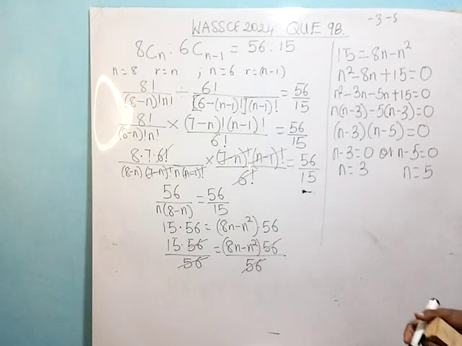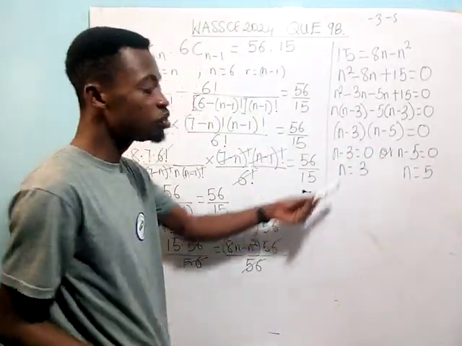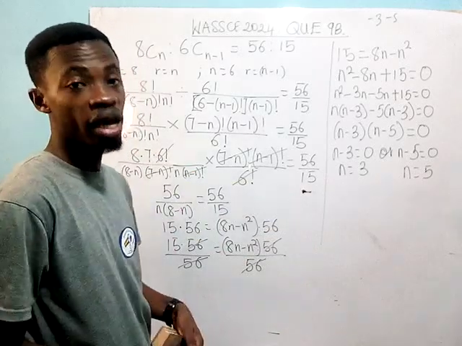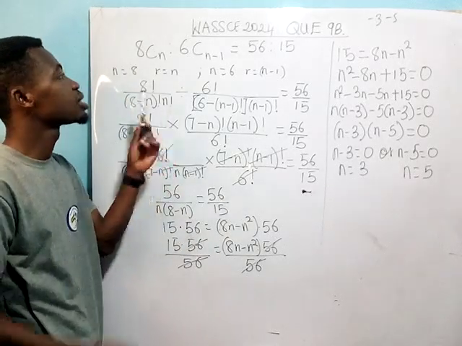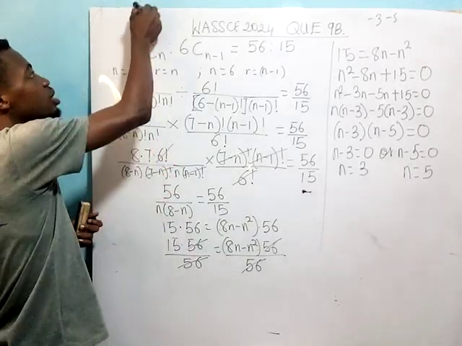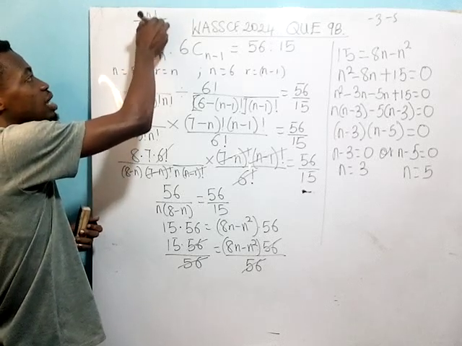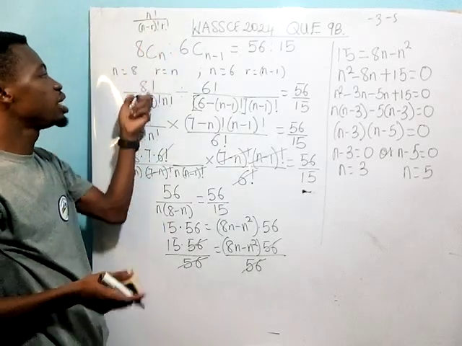Let's go back and do a recap of what we've done, and later we'll prove whether the values we've obtained for n are the correct answers. So now we said that for combination, it is expanded as n factorial over n minus r factorial. So that's what we did over here.